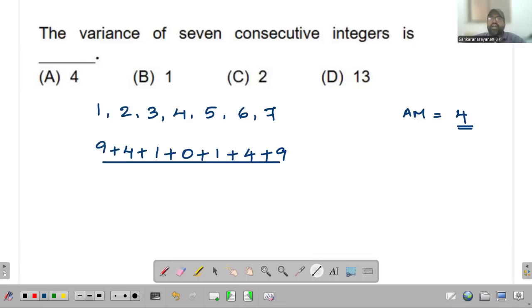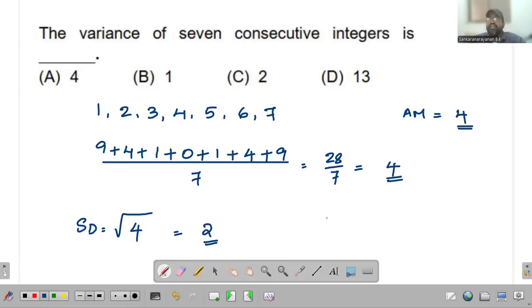Now, let me find the arithmetic mean of these squared deviations. The sum of observations divided by the number of observations, which is 7 here. So this will be 9, 10, 14, 14 plus 14, it is 28. 28 by 7 is equal to 4. Please note, the standard deviation will be the square root of this value 4, which is equal to 2.